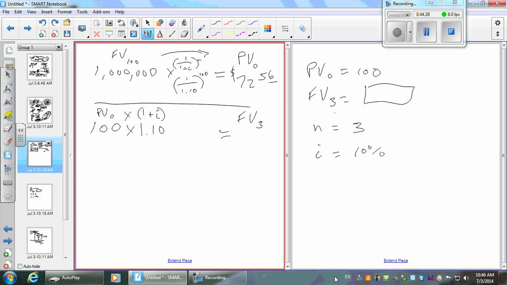Everybody agree to that? At the end of the first year, how much do I want? This is a future value 1 year from now. Got it? How much do I want? 110. Now here's what happens. I'm not going to earn $10 interest each year, am I? I earn 10 the first year.